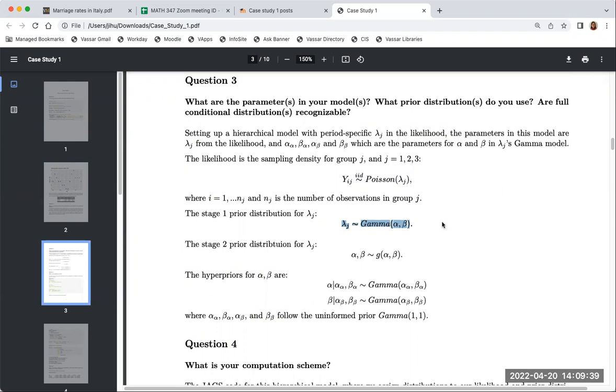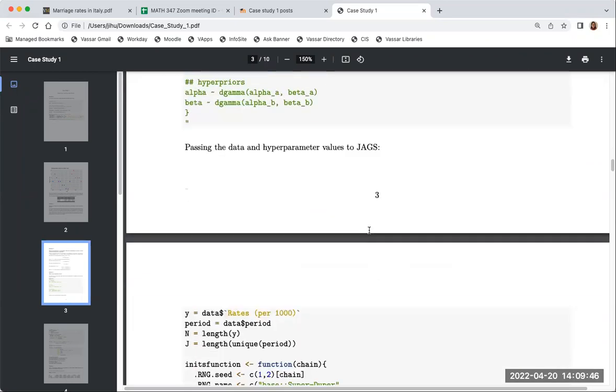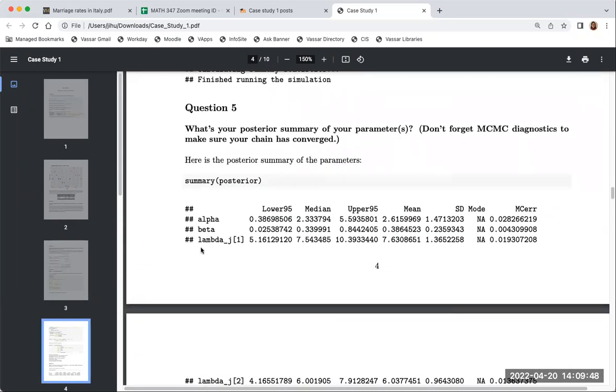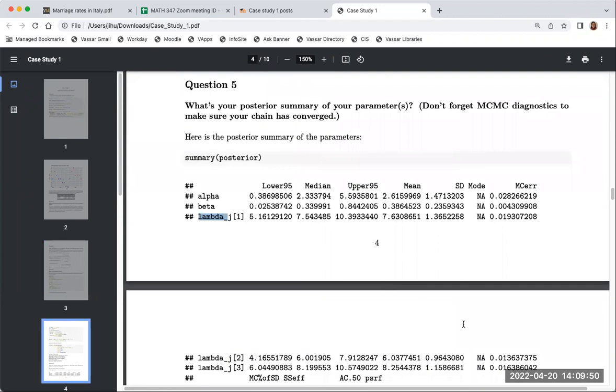If you ever want to fit it and give it a try, the results compared to what we have over here might not be very close, simply because the sample size is small, and the prior will play a very strong role in the MCMC estimation. Okay.